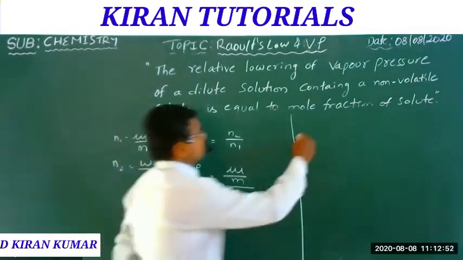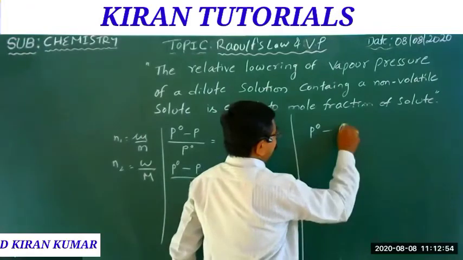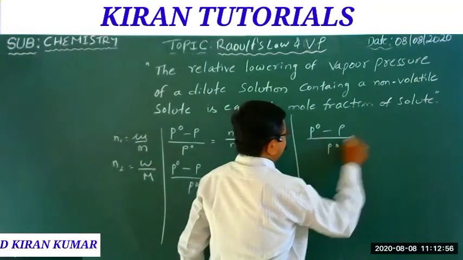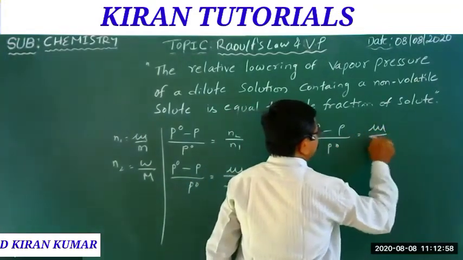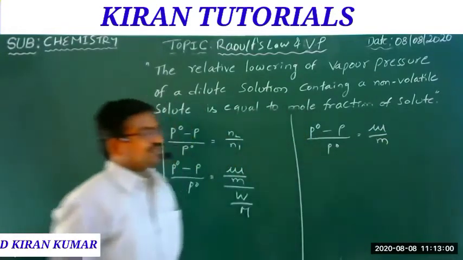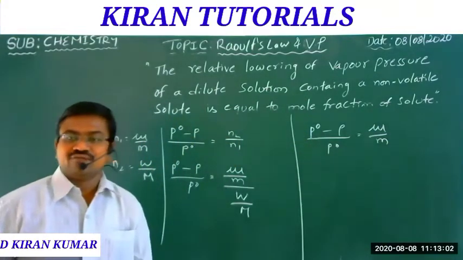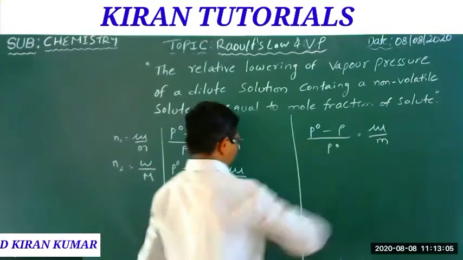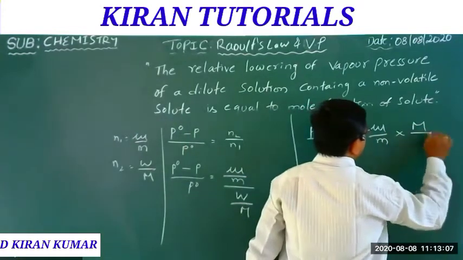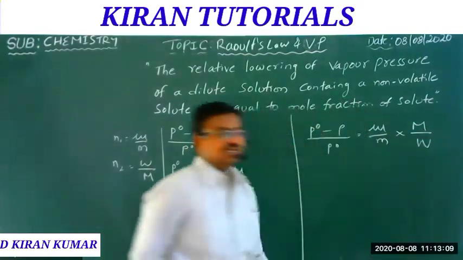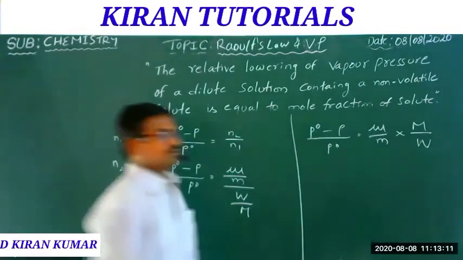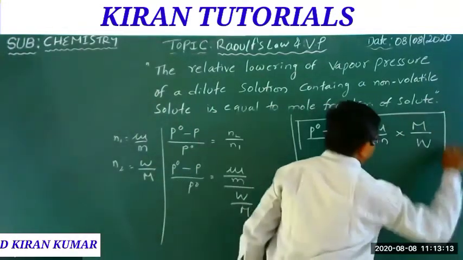So finally we get the equation: P naught minus P by P naught equals W by M, weight of solute by molecular weight of solute, into molecular weight of solvent by weight of solvent. That is the equation.